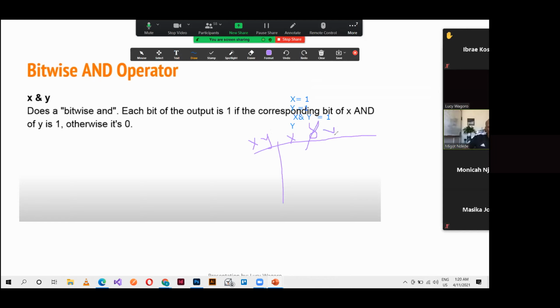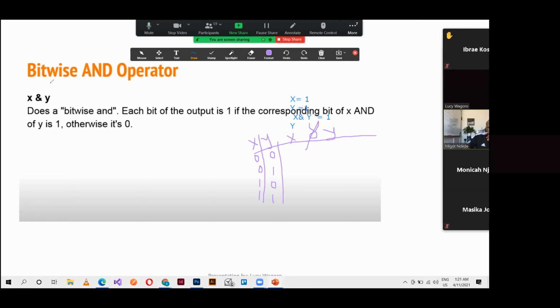So separating this, the possibility is we can have our X as a 0 and our Y as a 0. We can have our X as a 0, but our Y is a 1. We can have our X as a 1, but our Y is a 0. We can also have a possibility of having X as a 1 and Y as a 1.